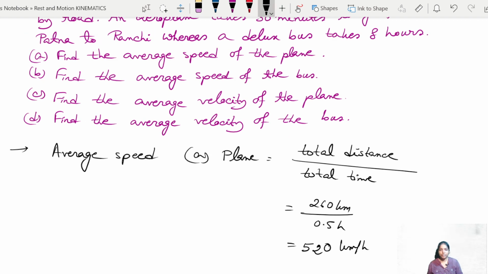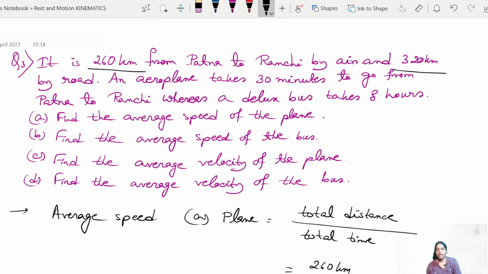Now for the bus, the average speed will again be the total distance travelled by the bus divided by the total time. In this case, the total distance travelled by the bus is given as 320 km in 8 hours.